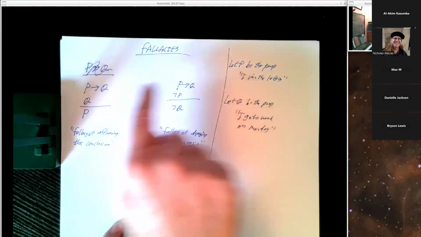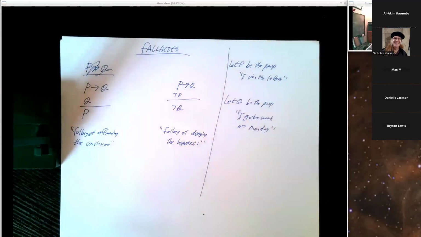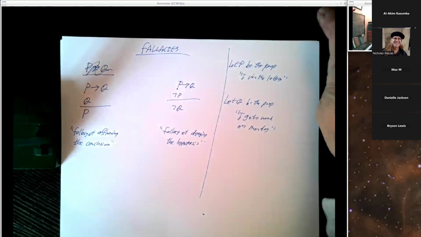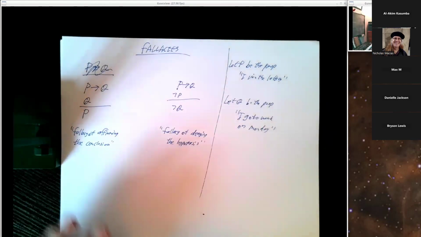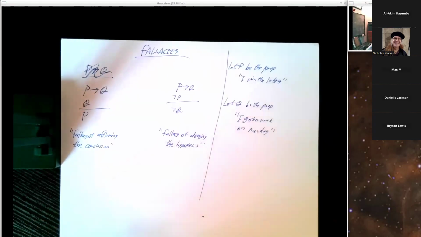So these are not laws of logic. They're kind of the opposite. They're fallacies. And sometimes they seem really obvious, but sometimes they can pop up in subtle ways. And knowing that these are fallacies and being able to identify them can help us avoid slipping into this.